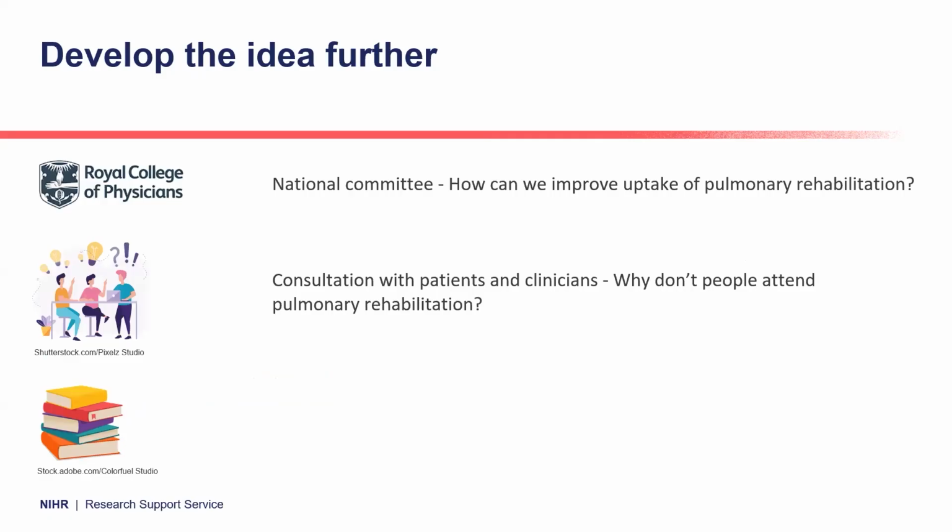So we've got the idea from the report, which has basically told us that the uptake of PR is only 69%. So we need to understand why this uptake is low. The first thing we're going to do is go and talk to our clinical colleagues and understand a bit more about why uptake may be so low. On talking to them, we've come to the conclusion that the referral into PR can come from a really broad range of clinical colleagues.